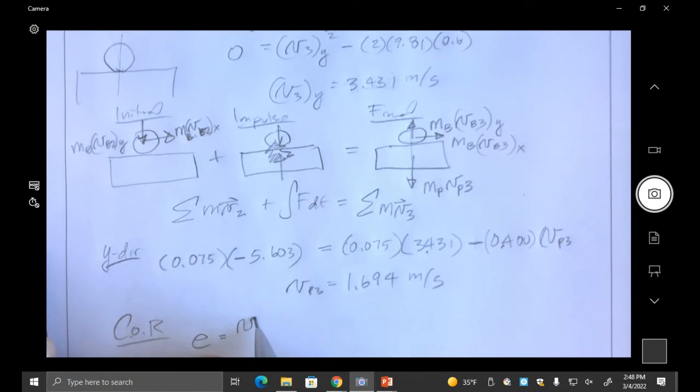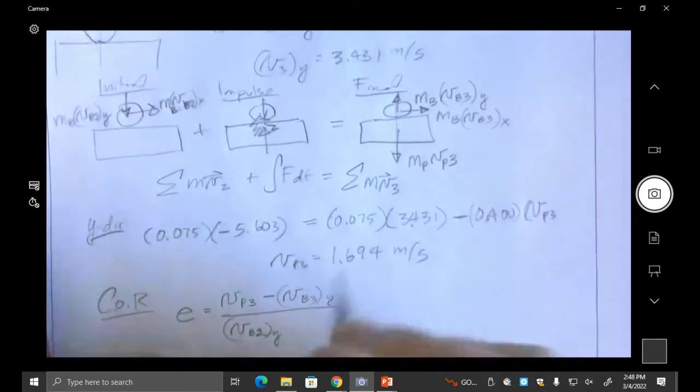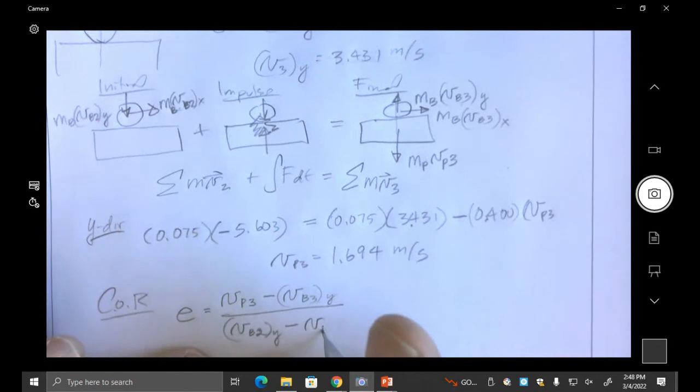We're going to have V plate 3 minus V ball 3 Y, divided by V ball 2 Y minus V plate 2, which we know is 0.